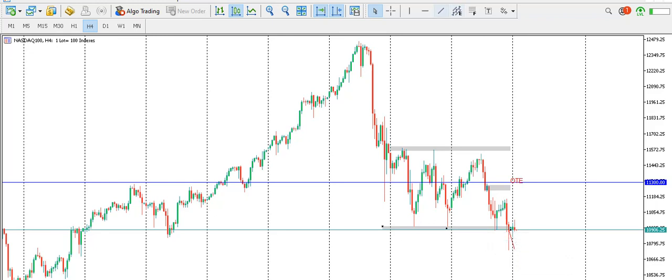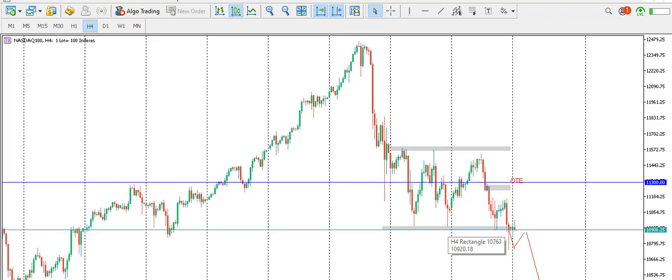Once we retest our support like that, we can take our sells without fear. So that is scenario number 2 that we might encounter. If this support is broken, we will wait for a retest, then we sell.